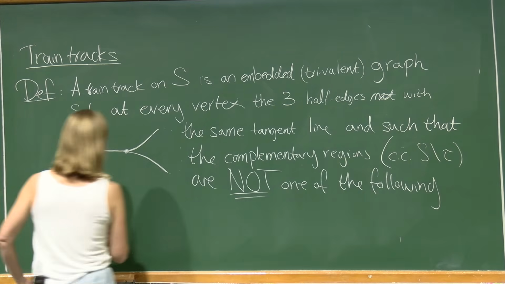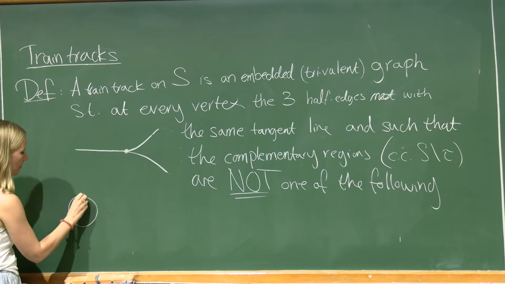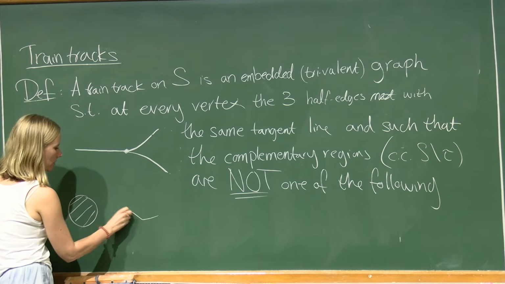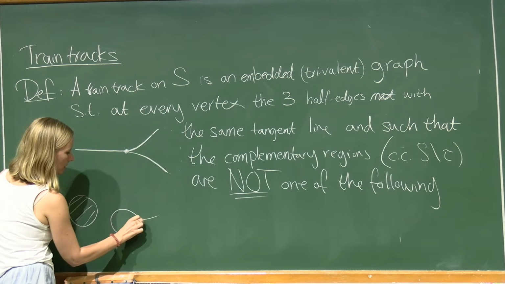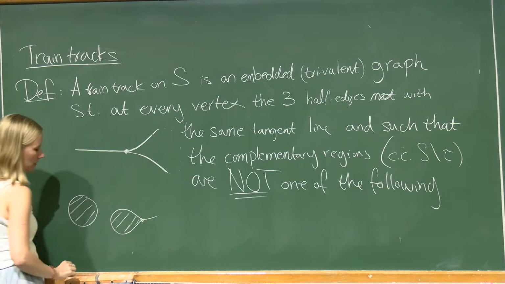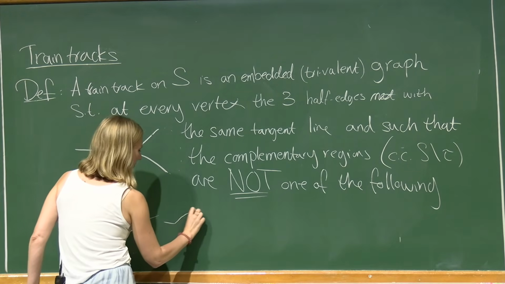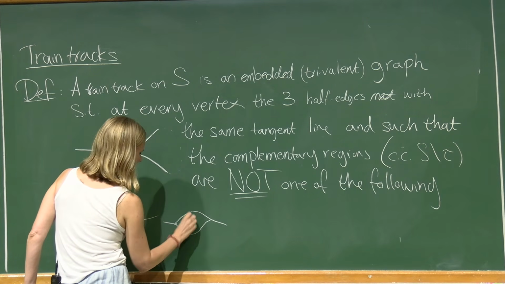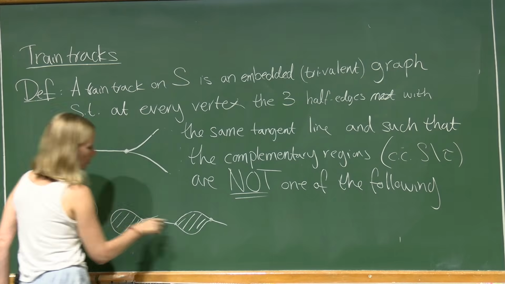So you don't want a complementary region that's just a topological disk. You don't want a topological monogon. You don't want a bigon. Here, there's no topology inside.